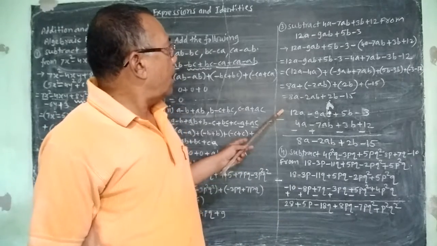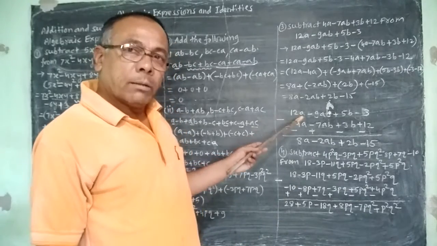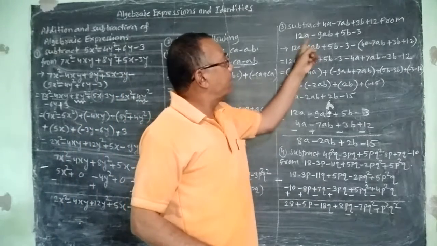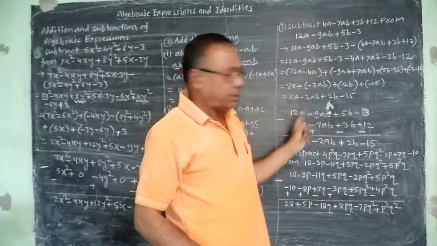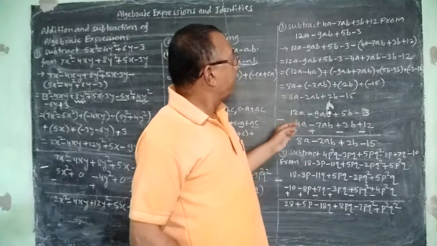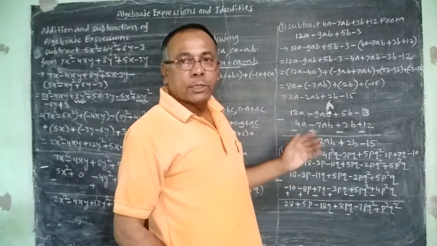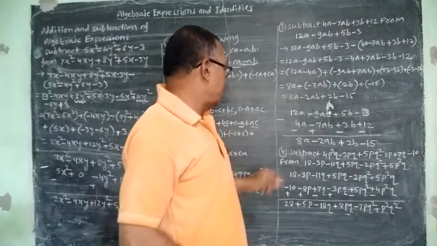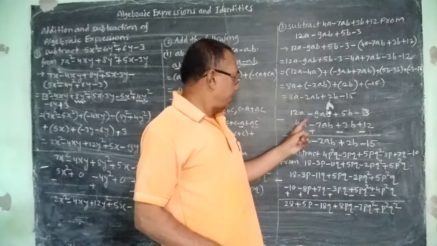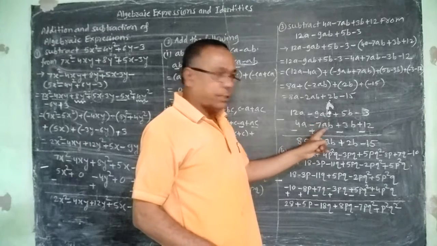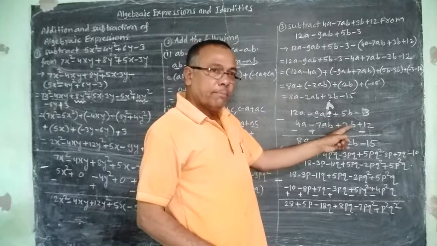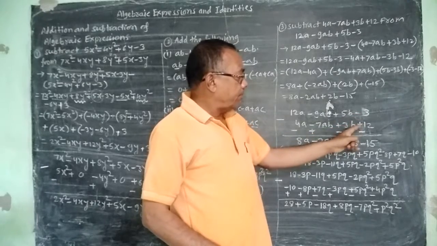Here I have subtracted by vertical method also. Now I have written 12a minus 9ab plus 5b minus 3 first, and below it I have written the like terms, the corresponding terms. So here 12a and 4a, then minus 9ab and minus 7ab, here plus 5b and plus 3b, here minus 3 and plus 12.